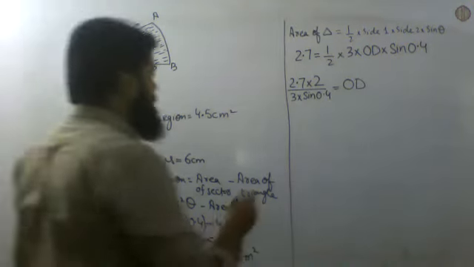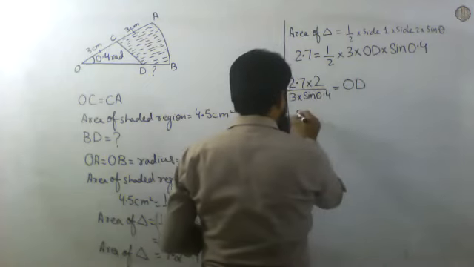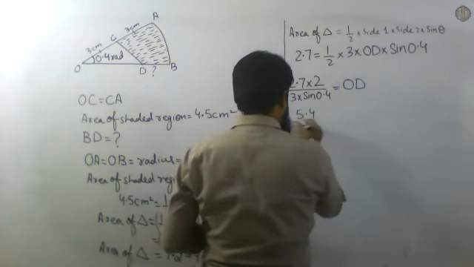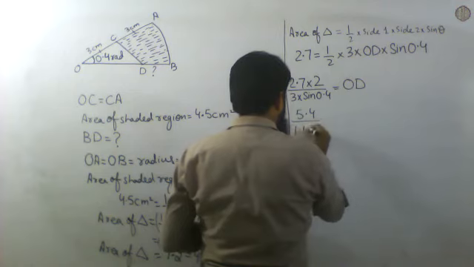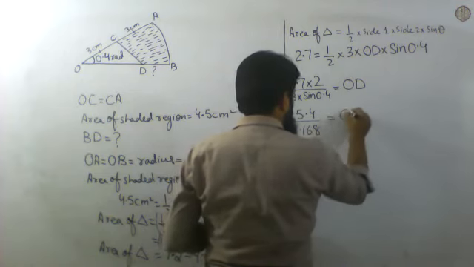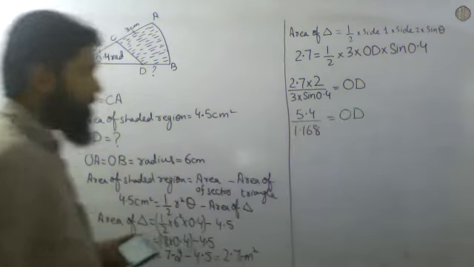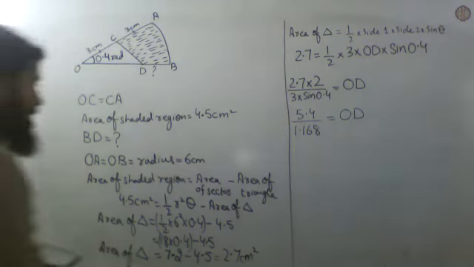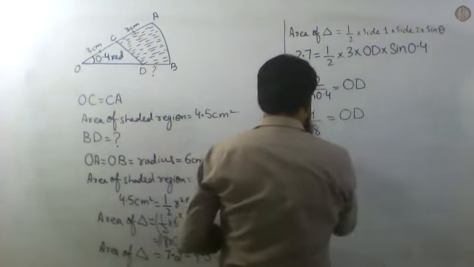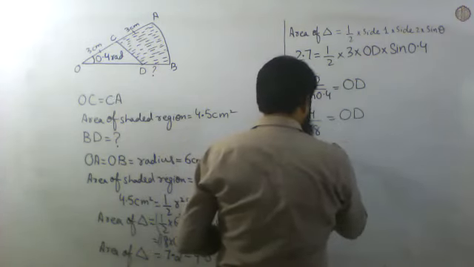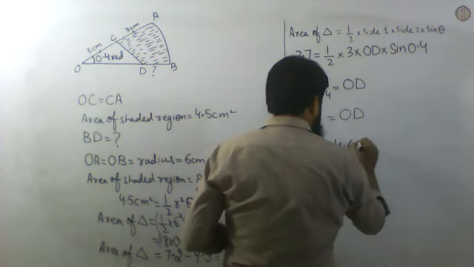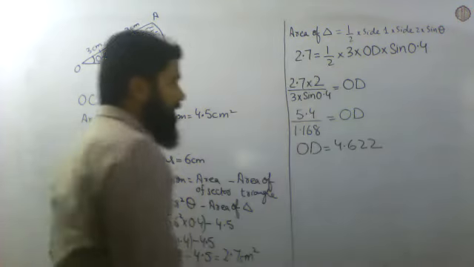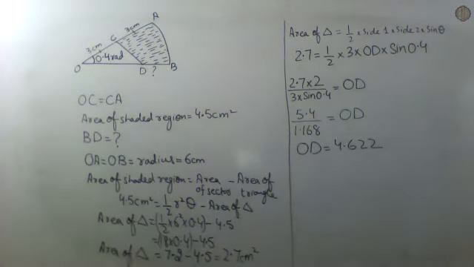So when I simplify it, this will become 5.4 divided by 1.168 equals OD. Okay. And when I simplify the whole thing, the OD will be coming equal to 4.622. The value of OD is coming 4.622.